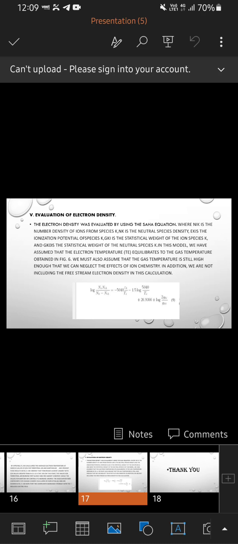In the model we have assumed that the electron temperature equilibrates to the gas temperature obtained in figure 6. We must also assume that the temperature is still high enough that we can neglect the effect of ion chemistry. In addition, we are not including the free stream electron density, and the equation is given below.